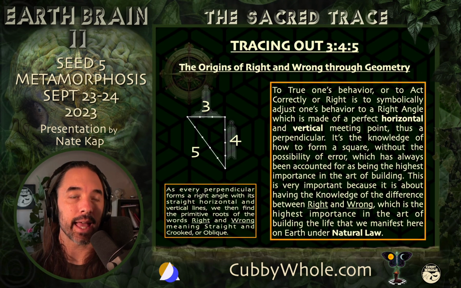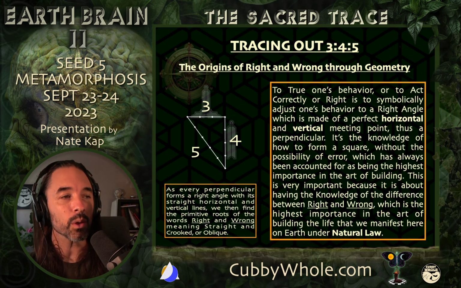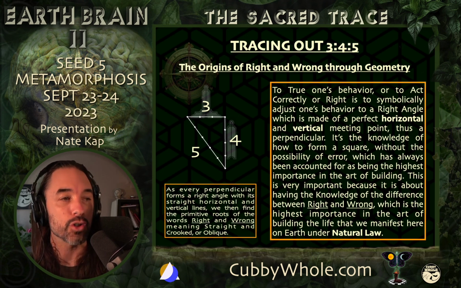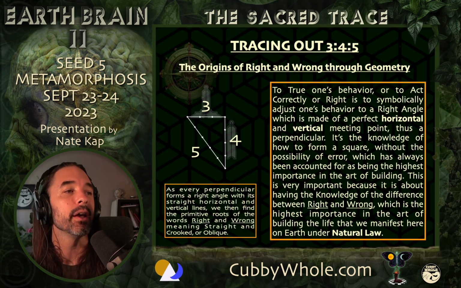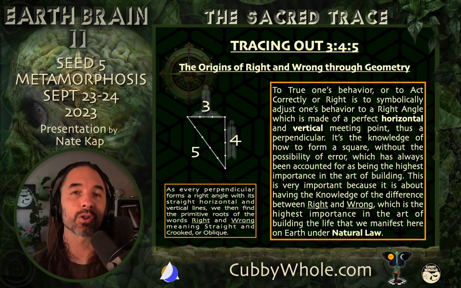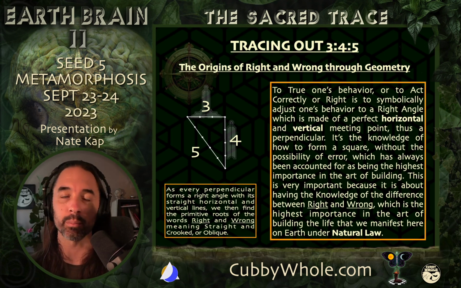And this is the secret of the master builder. Okay, so we have to understand that every perpendicular forms a right angle with its straight horizontal and vertical lines. We then find the primitive roots of the words right and wrong, meaning straight and crooked or oblique.